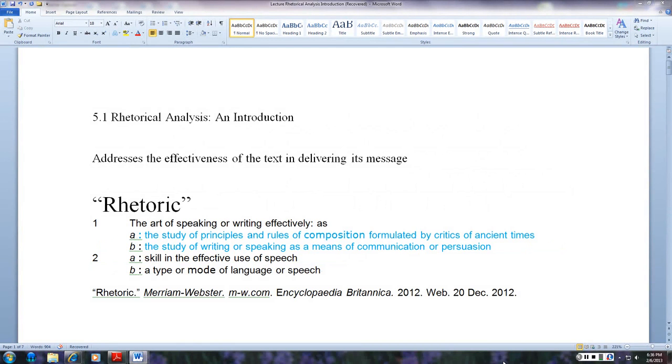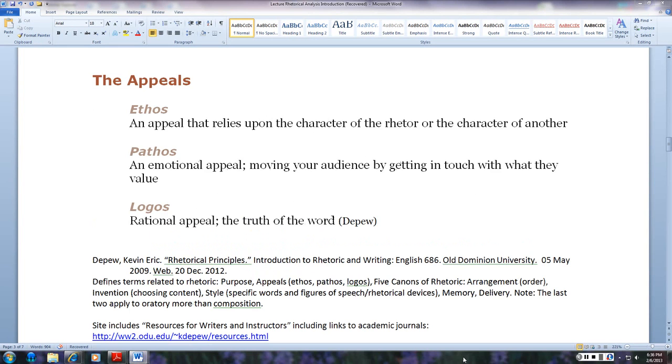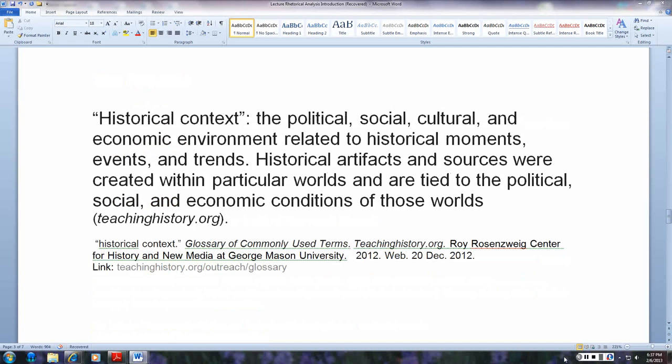So for this unit, we are going to be looking at how effectively a text delivers its message. We're going to consider how effectively the author uses the appeals of ethos, pathos, and logos. And we're going to take into consideration the historical context of the text that we are analyzing.